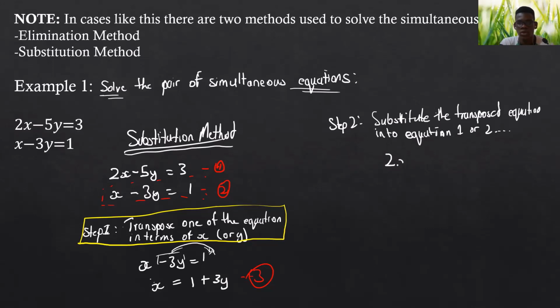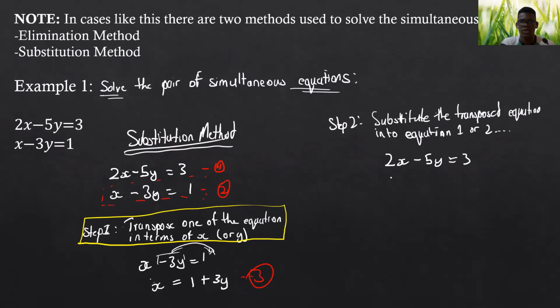So we have our first equation, 2x minus 5y is equal to 3. The whole point of making X the subject is so you can substitute it into here. If X is equal to 1 plus 3y, then we can substitute X as 1 plus 3y into equation 1.